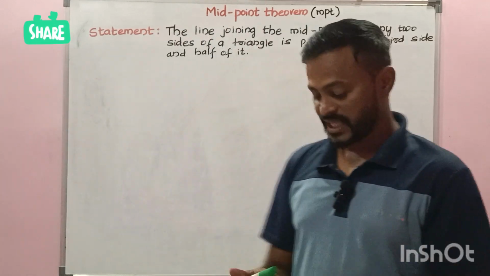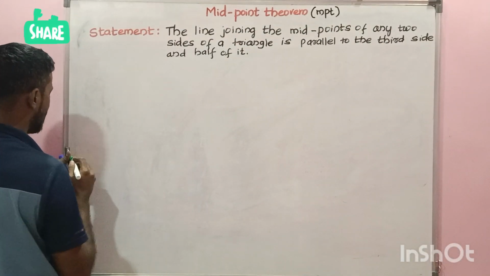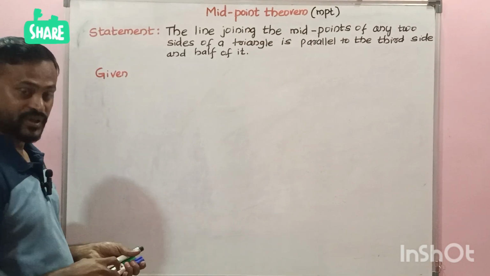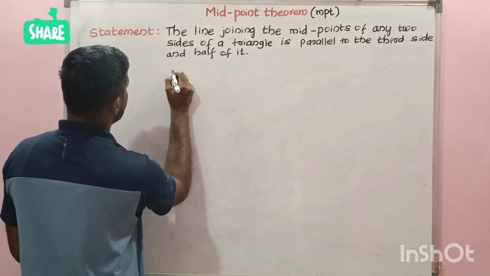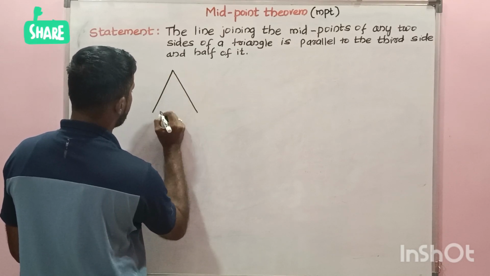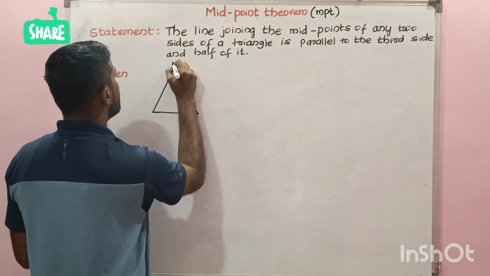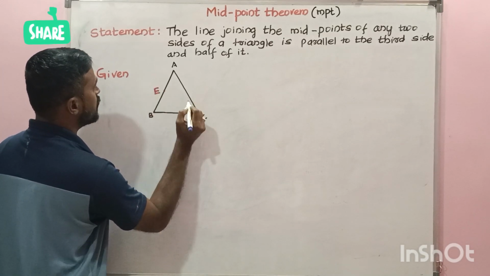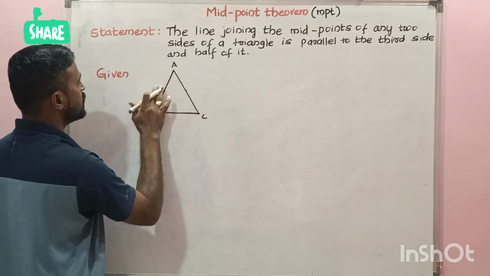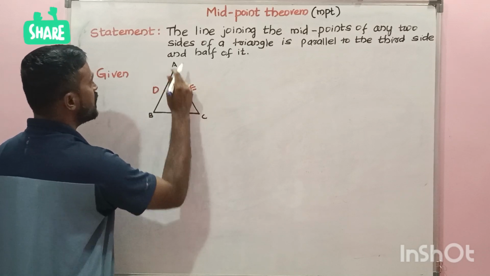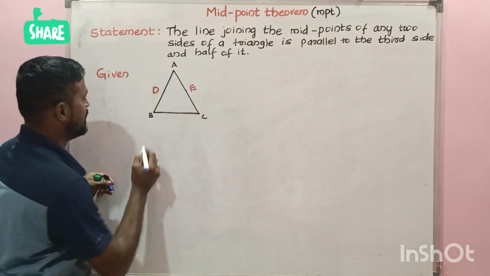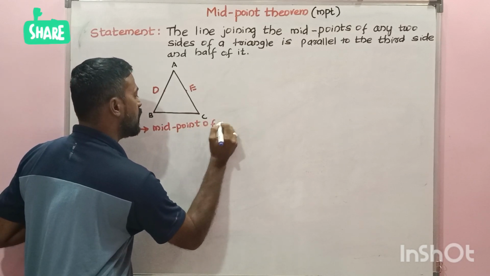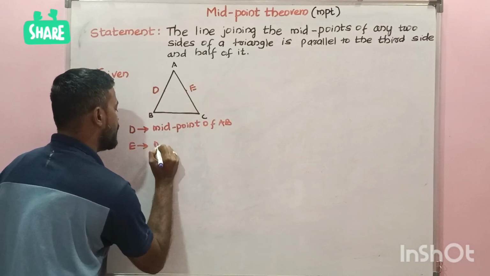Now let us see what is given. ABC is a triangle, D is the midpoint of AB, and E is the midpoint of AC. That is, D is the midpoint of AB, E is the midpoint of AC.